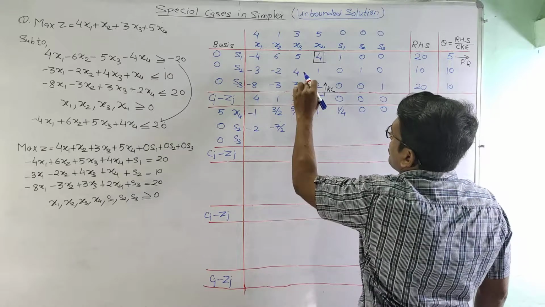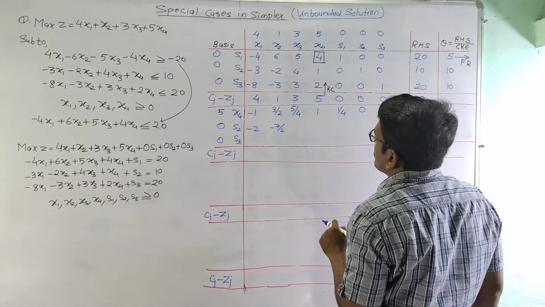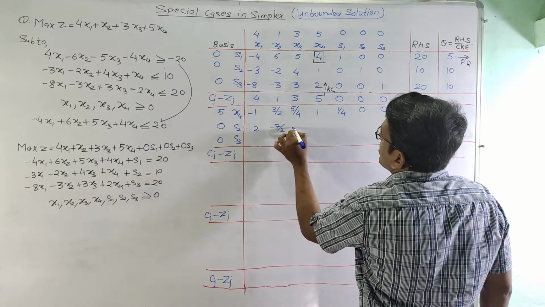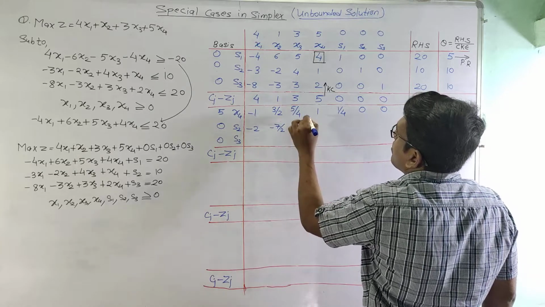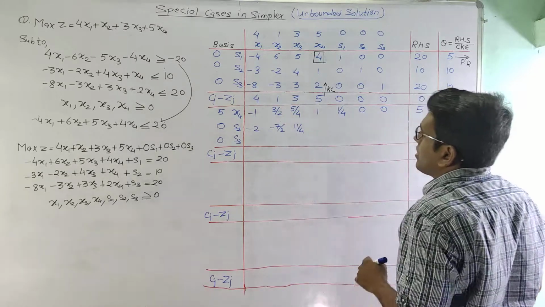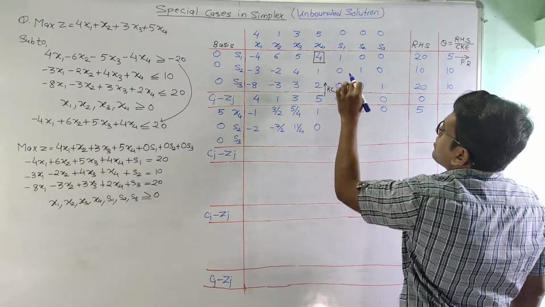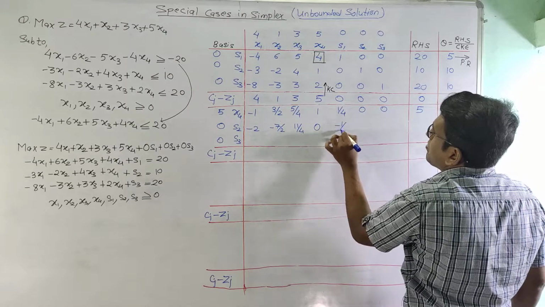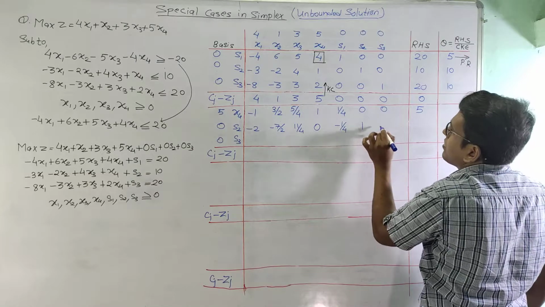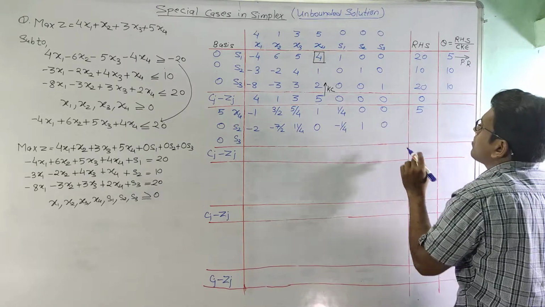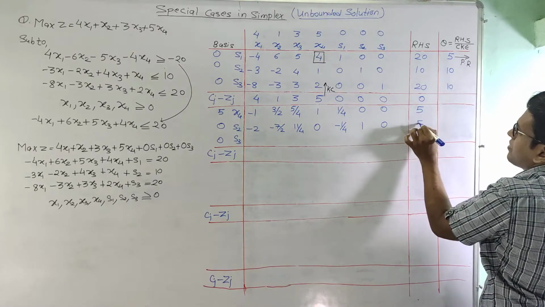Then 4 minus 5/4, so this will be 11/4, since 16 minus 5 is 11. Okay, 11/4. This will be 0. This will be 0 minus 1/4 is -1/4. This will be 1 minus 0 is 1. This is 0 minus 0 is 0. Now 10 minus 5 is 5.